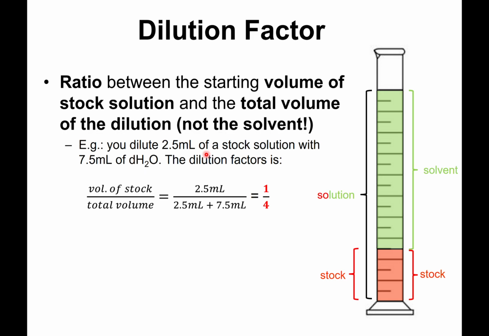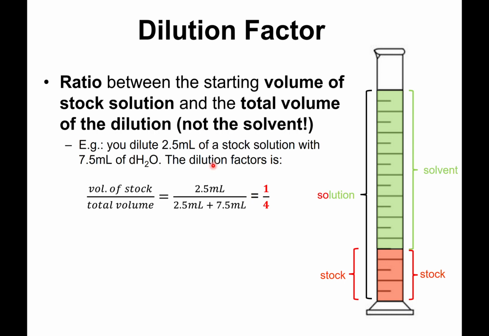Now, this is referred to also as the dilution factor. A more practical way to define the dilution factor is as the ratio between the volume of stock solution, so the one that you took from the original concentrated solution, over the total volume of the dilution.